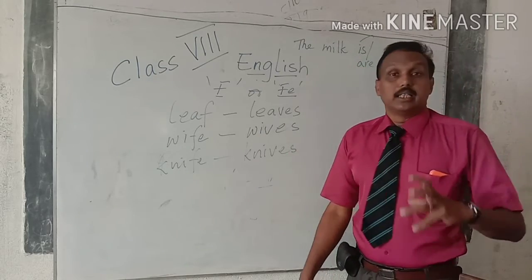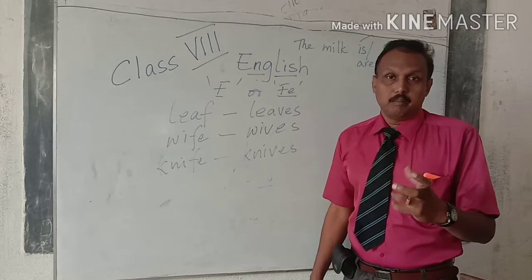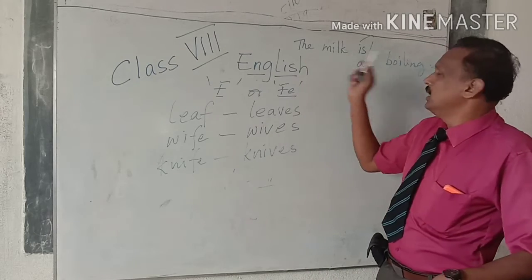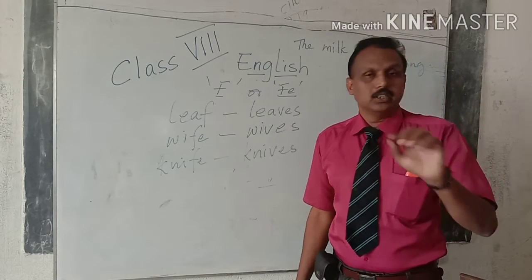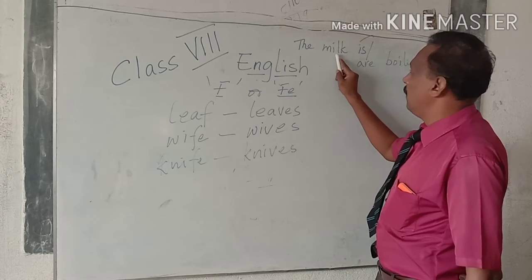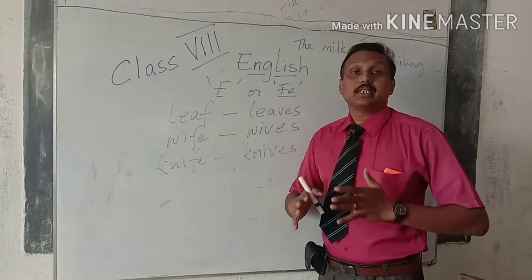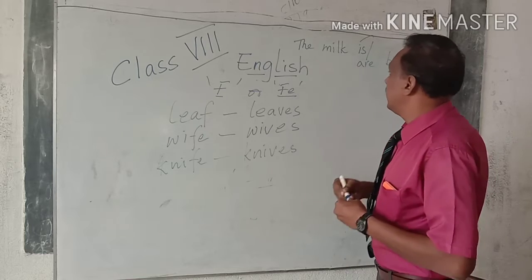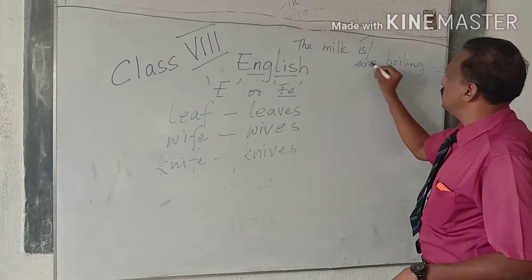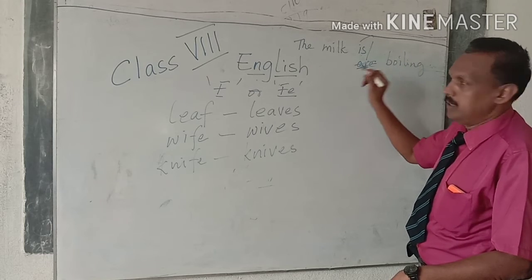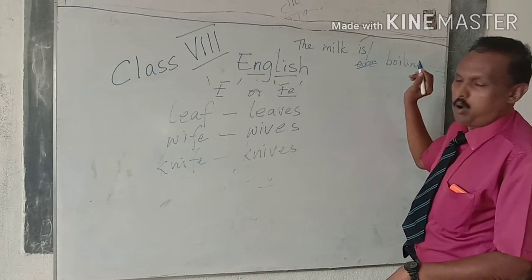You might have studied, the boys are playing because boys is plural. Now in this case, milk, we know it is not a single one. The milk is not easy to count, so we consider it as uncountable. In case it is uncountable, we always should use the singular. The milk is boiling.